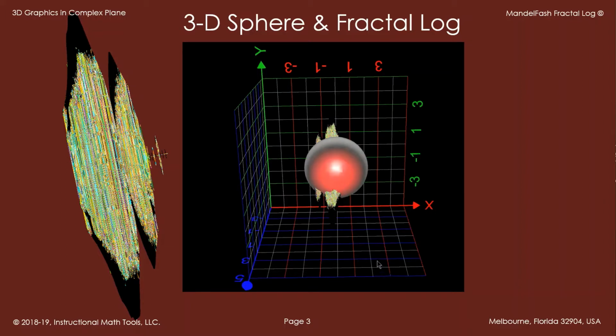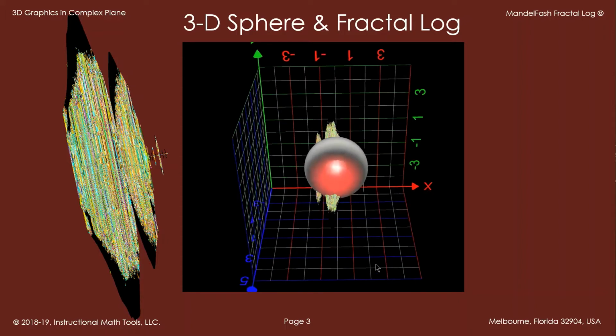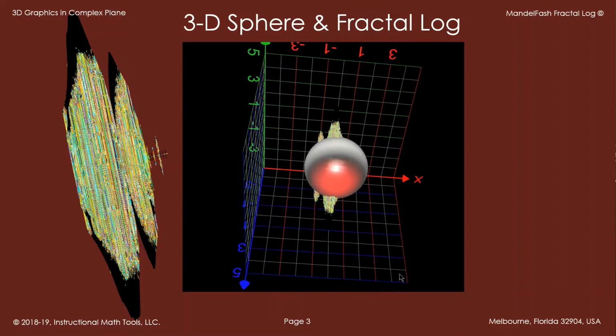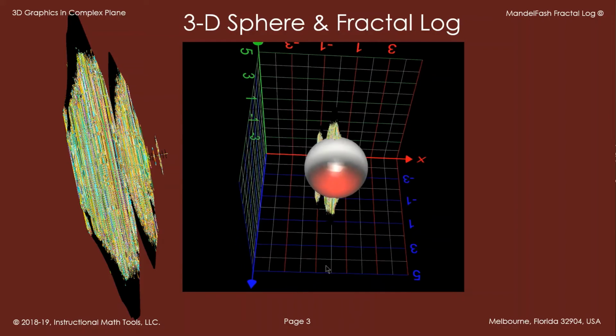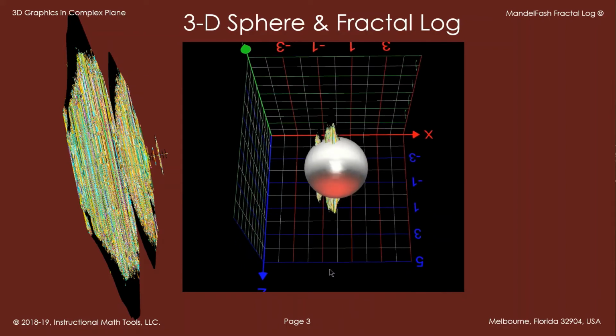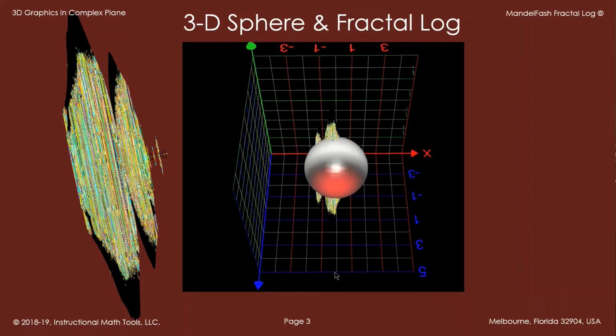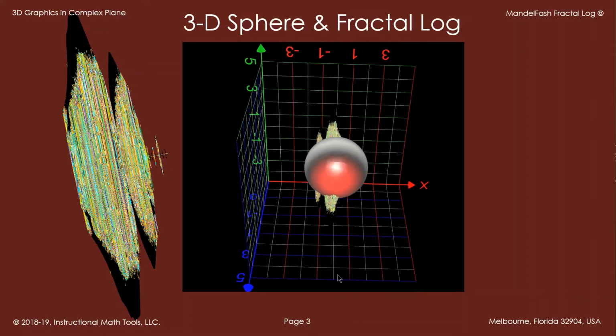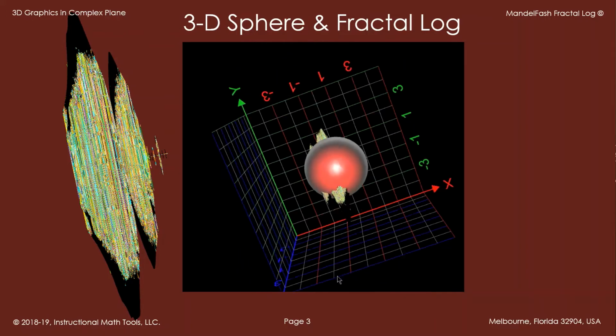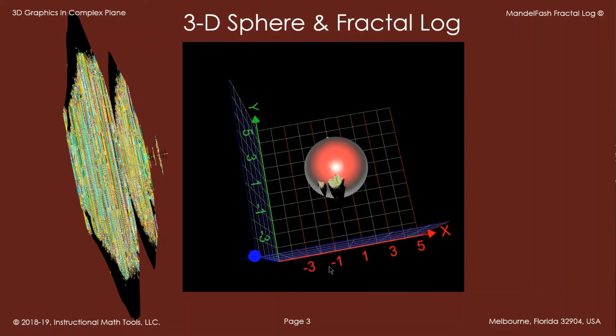If you'll notice, it does not cover the entire log, and that requires, if you want to process some of the upper or lower portions of the log, you literally have to move the sphere up and down the 45-degree axis of the Mandel-Flash fractal log.